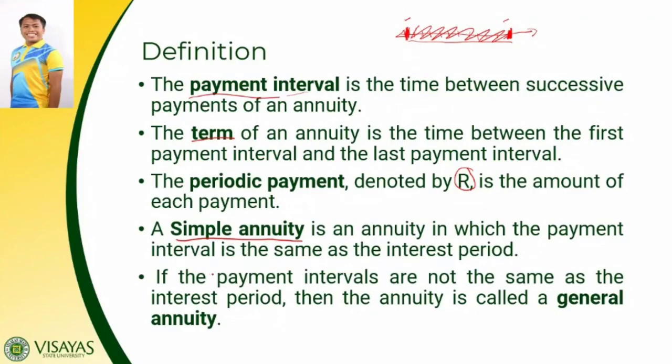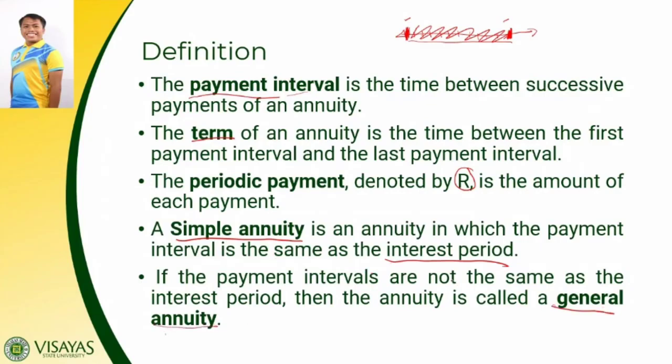Now, if the payment intervals are not the same as the interest period, of course, we can no longer call it a simple annuity. We defined earlier that a simple annuity is an annuity in which the payment interval is the same as the interest period. If it does not meet that condition, then the annuity will not be a simple annuity. It will become a general annuity.